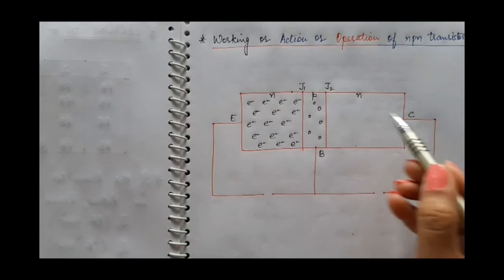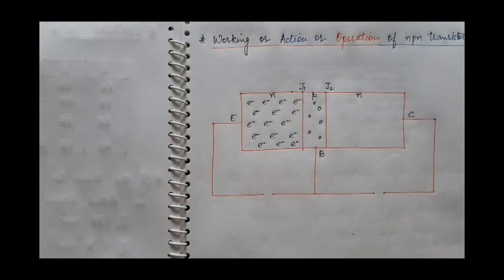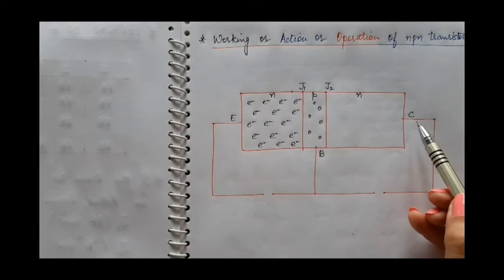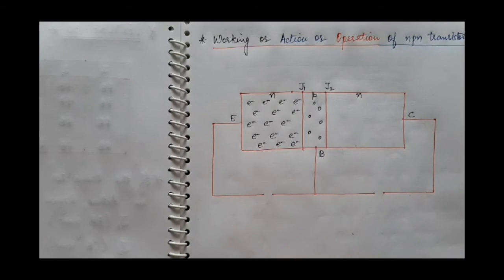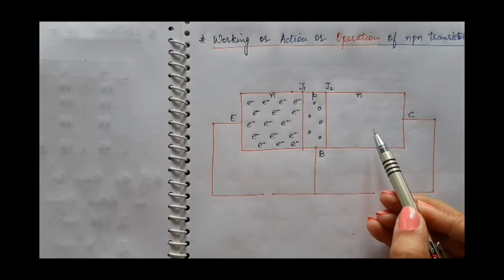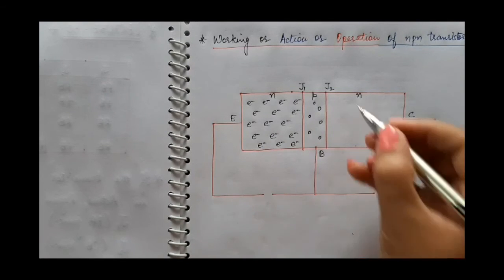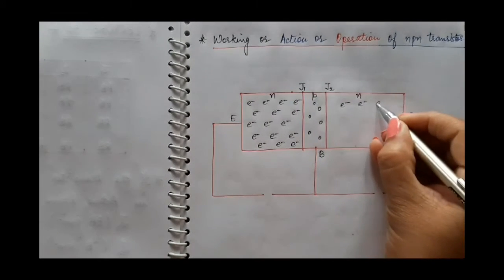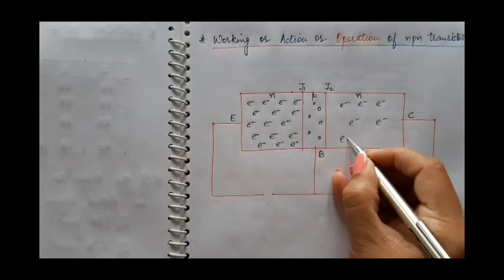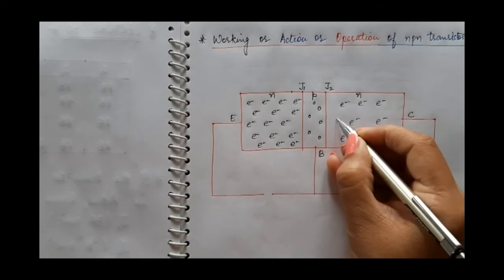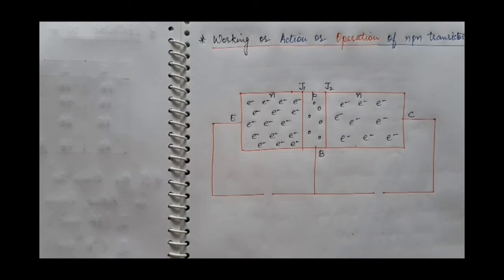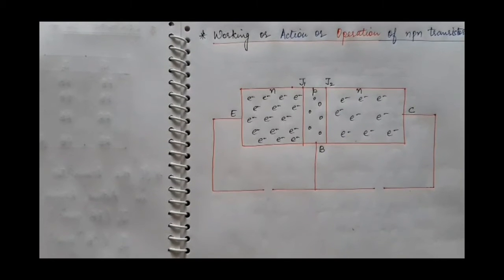And again we have the N-type collector, and we know that in the previous video we have studied this is moderately doped, meaning the amount of doping in the collector is greater than the base but smaller than the emitter. So in this case we have majority carrier electrons, but their number will be smaller than the number of majority carriers in the emitter. And now we want to operate this NPN transistor in active mode.